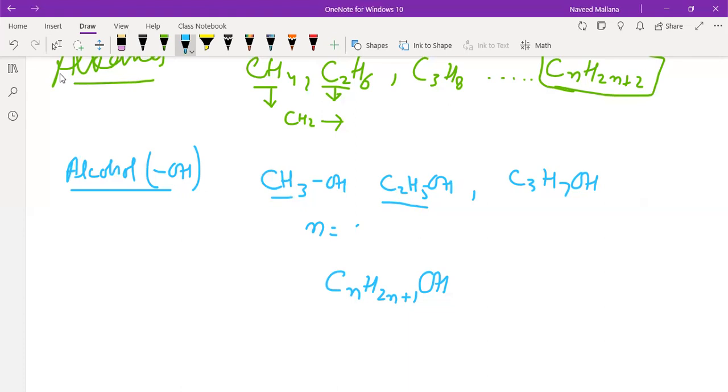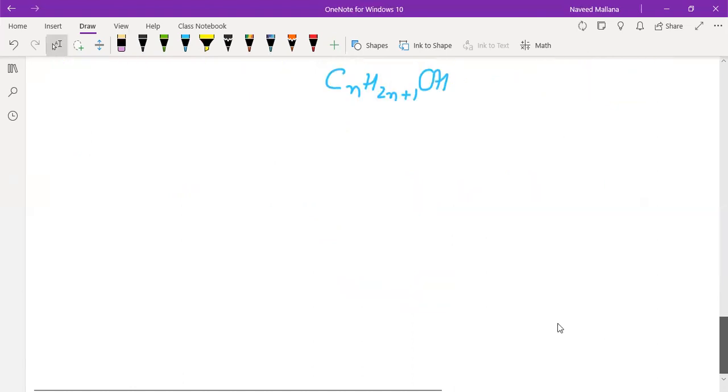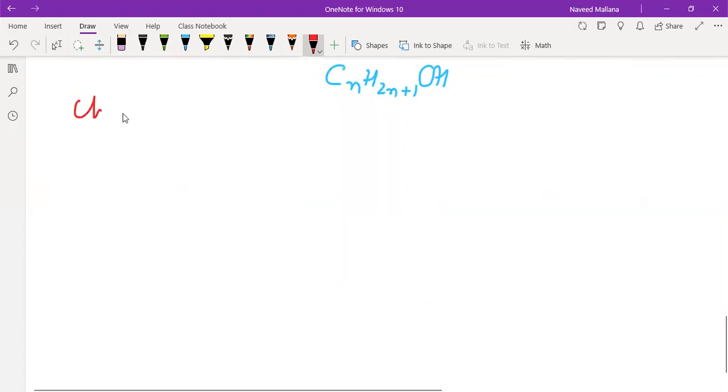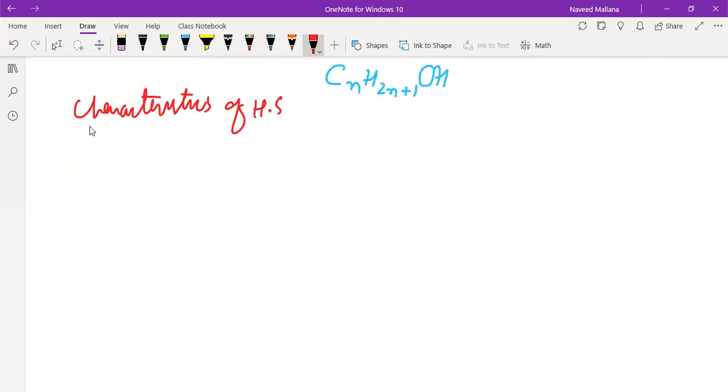Now we are going to take the general characteristics of homologous series. What are the characteristics of homologous series? HS means homologous series.